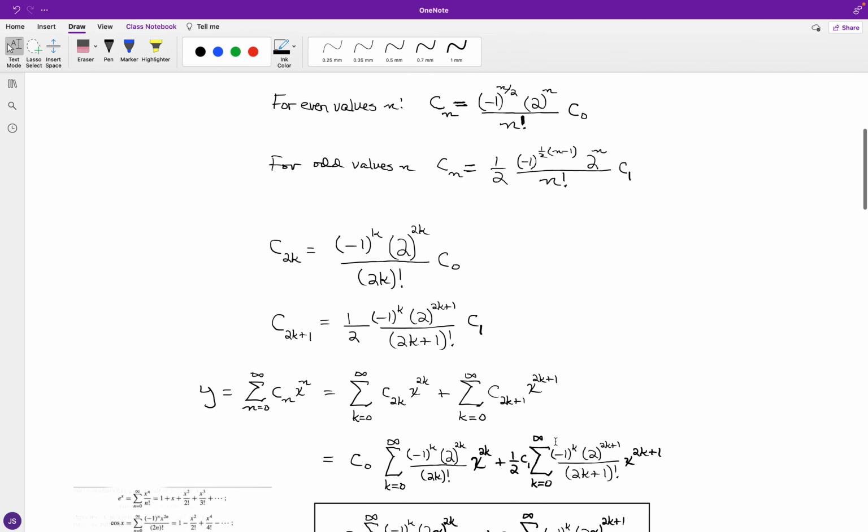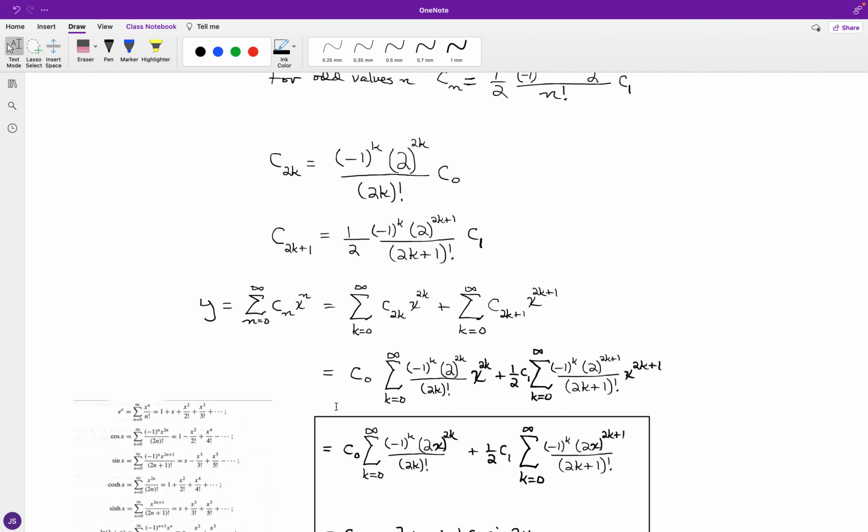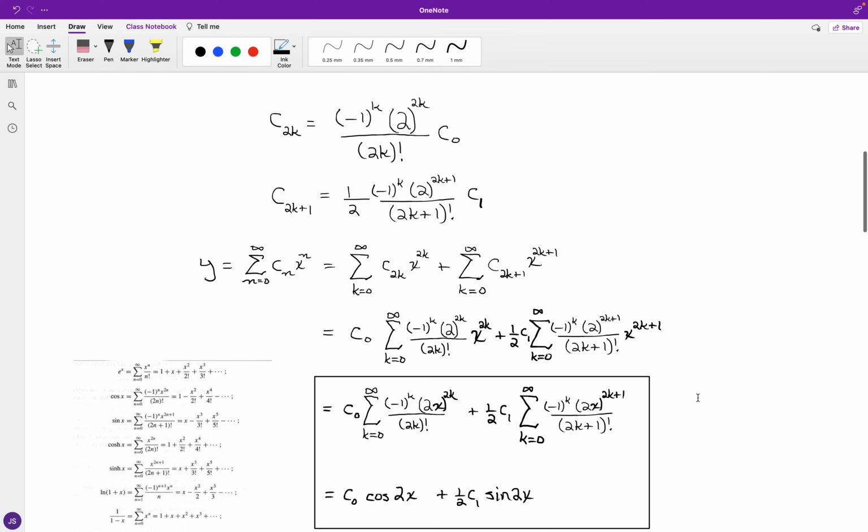In consolidating, I'm putting c naught out to the front with the consolidated expression from c sub 2k times x to the 2k, and for c sub 2k plus 1, I'm putting 1/2 of c sub 1 out to the front, times c sub 2k plus 1's factorial and exponential terms, multiplying x raised to the 2k plus 1 degree.